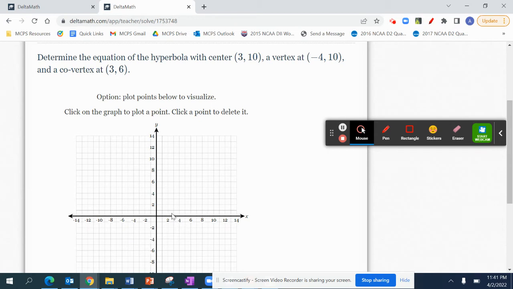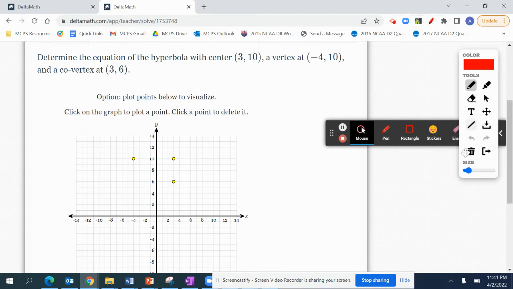So we have a center at (3, 10), a vertex at (-4, 10), and a covertex at (3, 6). And so from that, I can tell my A and B value, right?